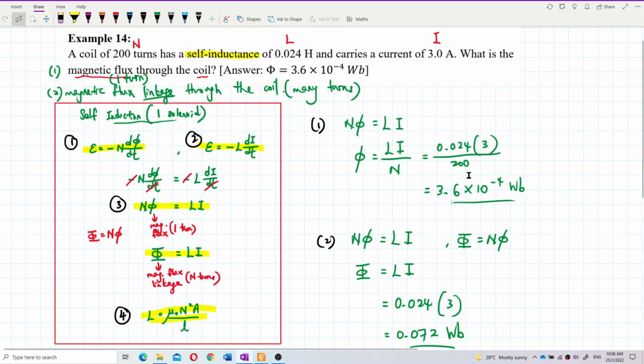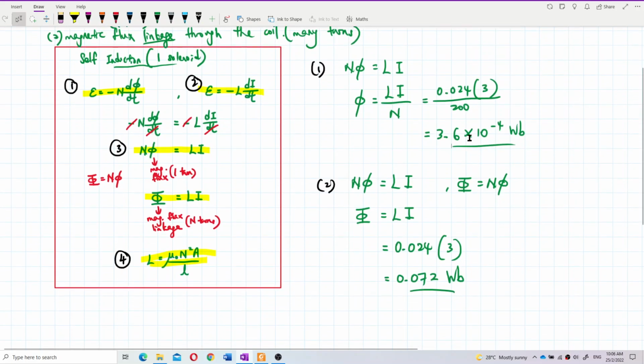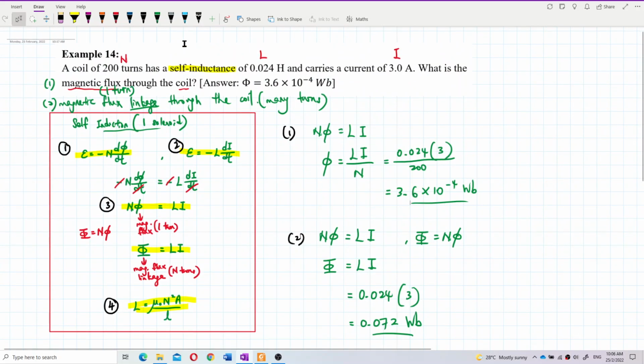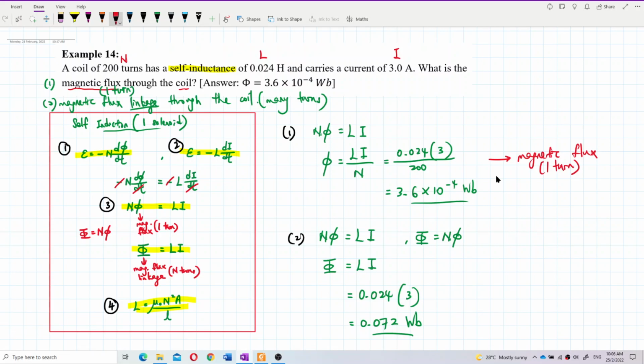That means if the question asks about magnetic flux only, they want the answer for one turn.